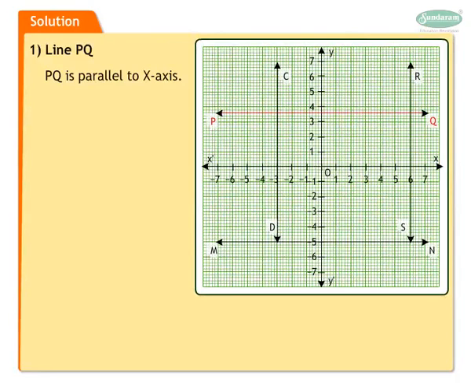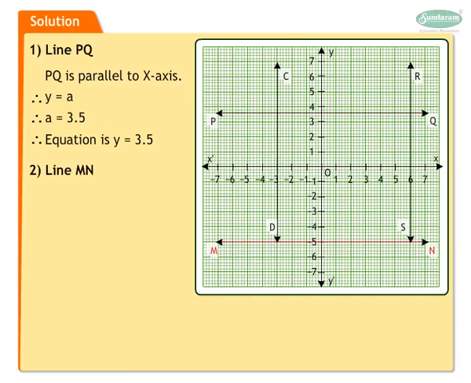Since PQ is parallel to x-axis, its equation will be y is equal to a. It is at a distance of 3.5 units from origin. Hence, a is equal to 3.5. Therefore, the equation is y is equal to 3.5.